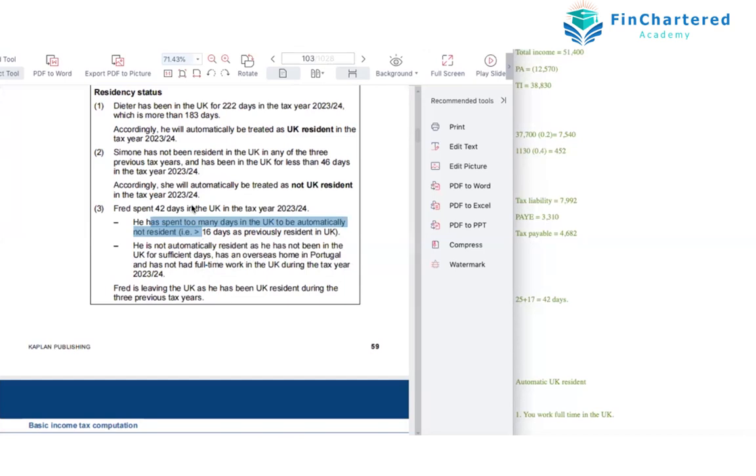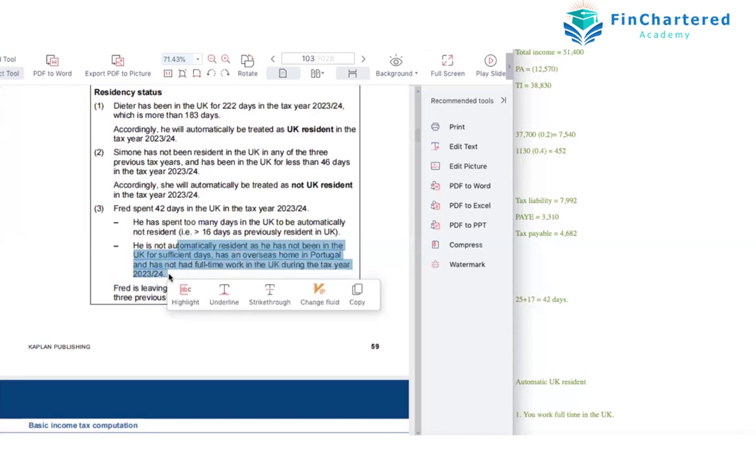Are you understanding? So he does not fall in the category of not resident. And he is not automatically resident also, as he has not been in the country for sufficient number of days and has an overseas home in Portugal and has not had a full-time job in the UK because he gave up his job. So he does not fall in the category of not resident, and he does not fall in the category of resident also.